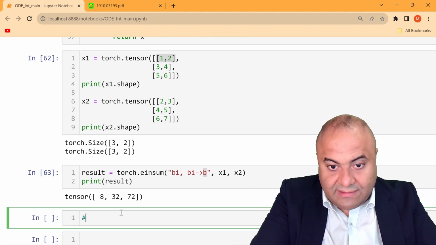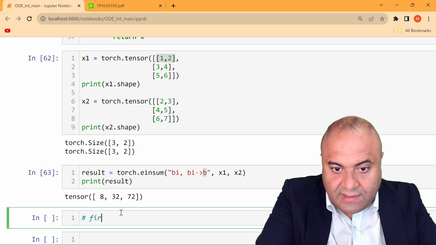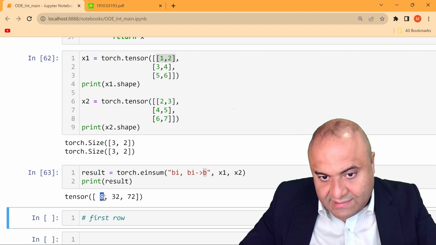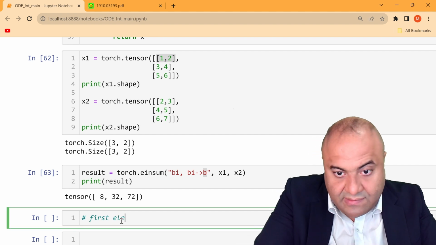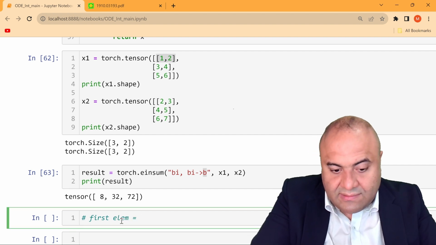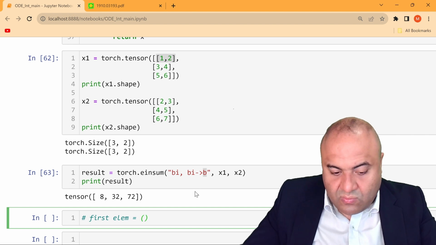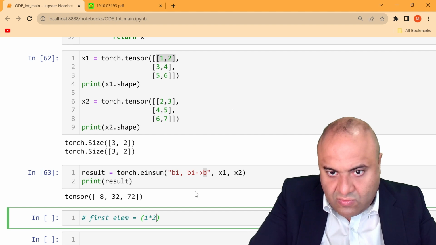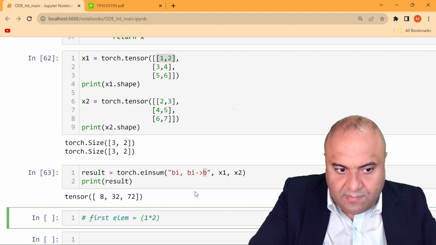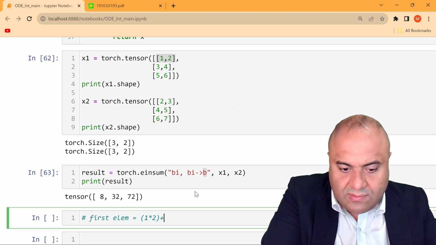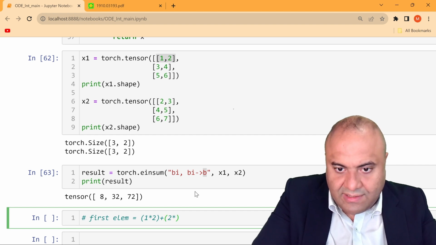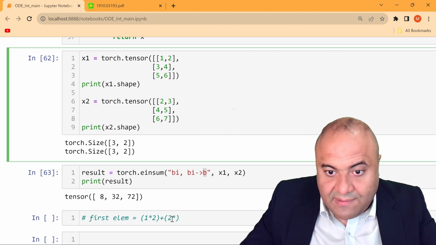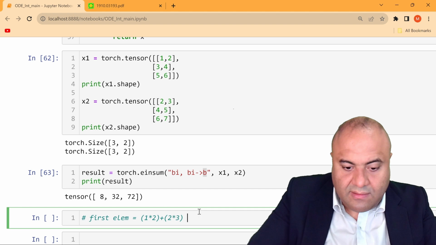Let me write it: the first element equals 1 multiplied by 2 plus 2 multiplied by 3, and equals 8.